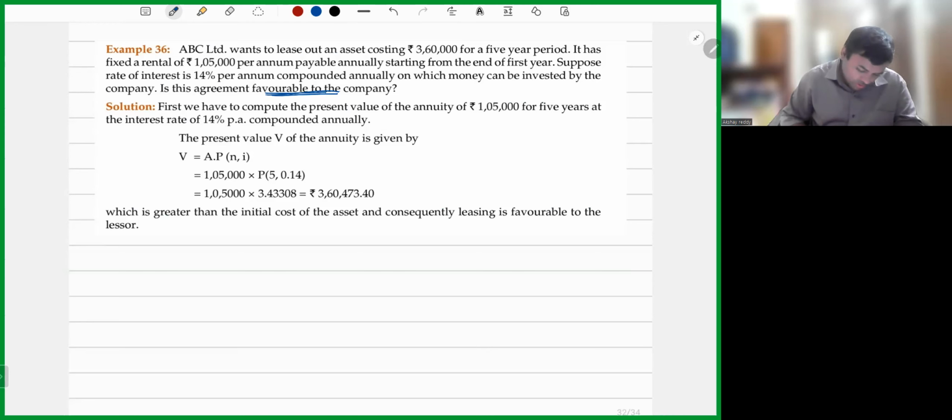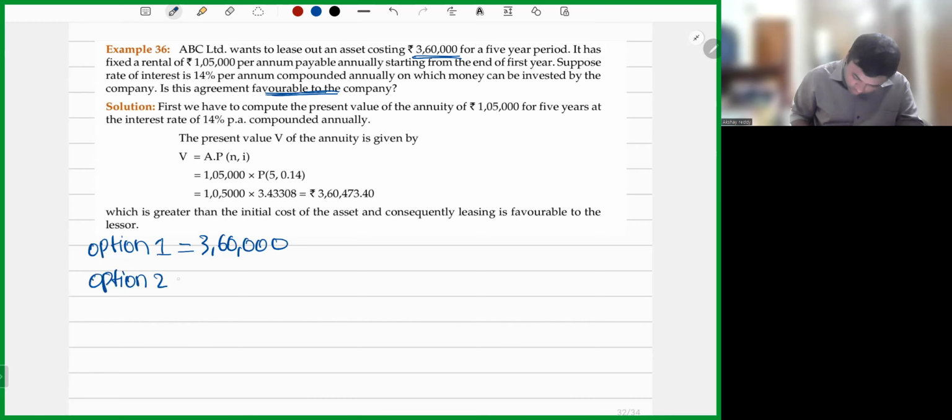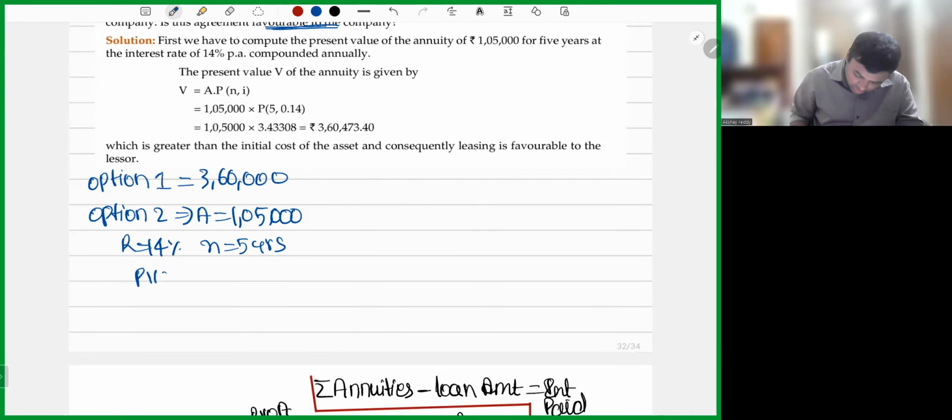Now, see here, let me explain to you. What is the lease out cost? 3,60,000. Option 1 is 3,60,000. Next, option 2. A is 1,05,000. R is 14%. N is equal to 5 years. Let's calculate the present value of an ordinary annuity.